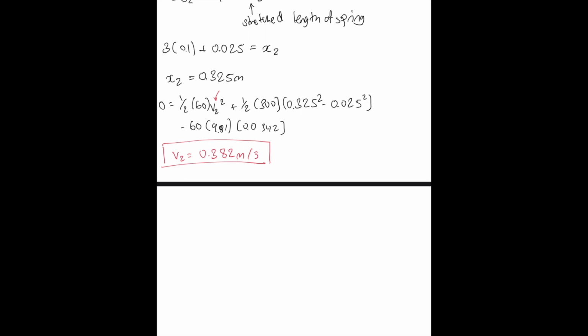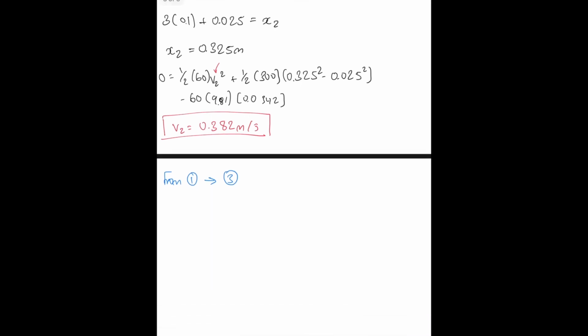Now we're going to start analyzing our system from 1 to 3. And we're going to use our work energy equations again. We know that the work done is equal to 0, and we also know that kinetic energy is equal to 0 because our v1 and v3 are equal to 0. It starts from rest and then it stops momentarily at 3.